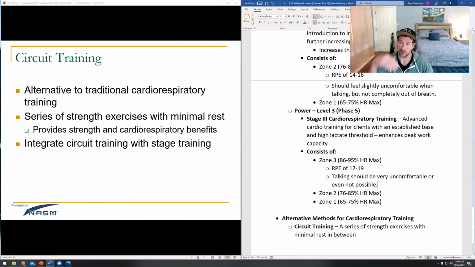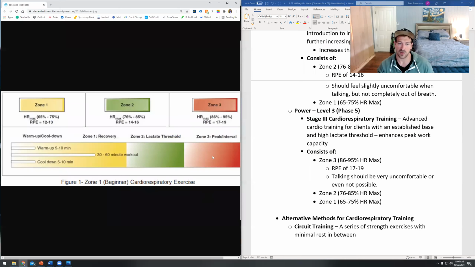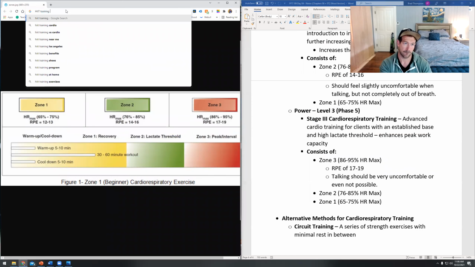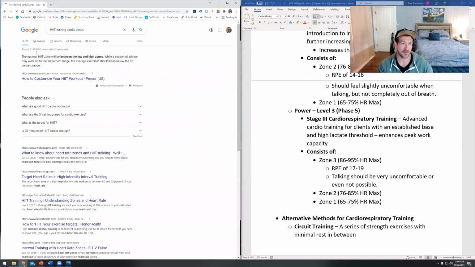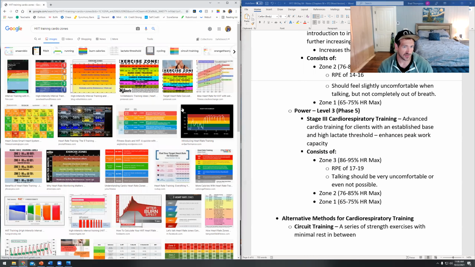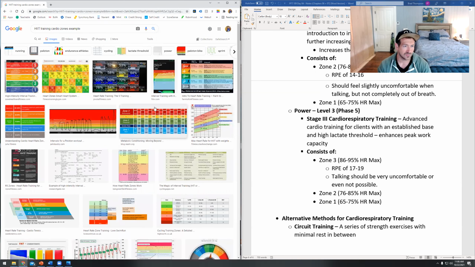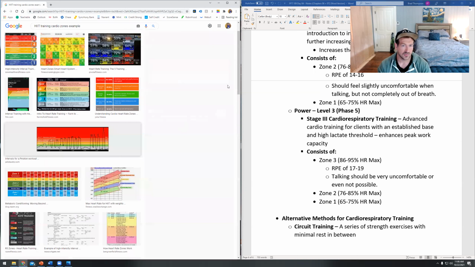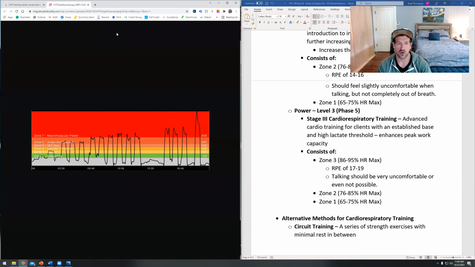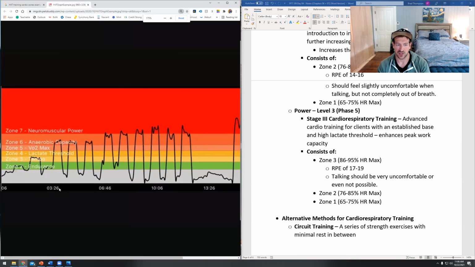And we basically just play with the intensities, and we do these very interesting intervals, right? So it might look something like, let's see if I can Google a picture of this. Yeah. So maybe this is what your interval training looks like. You start in the gray zone here, it's your warm up, you're even below zone 1.